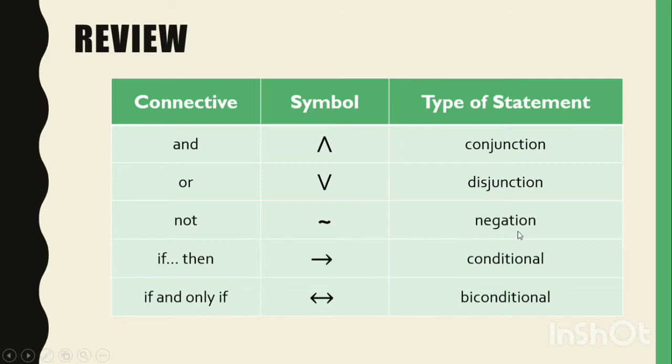This represents negation. The if-then statement is symbolized by this arrow. This is also called a conditional. And the if and only if statement is symbolized by this double-sided arrow, or we also call it a biconditional.